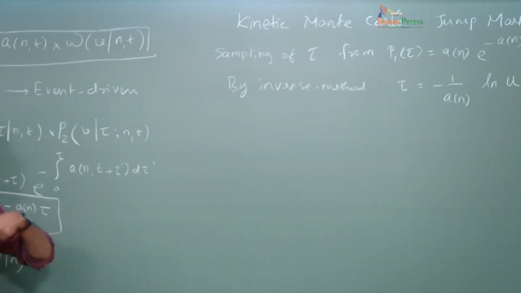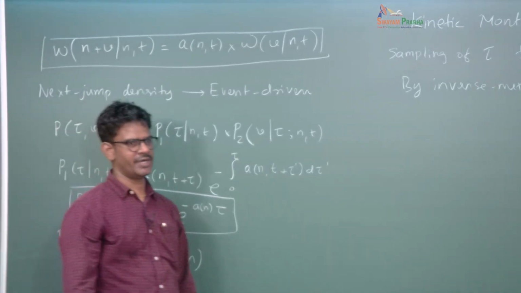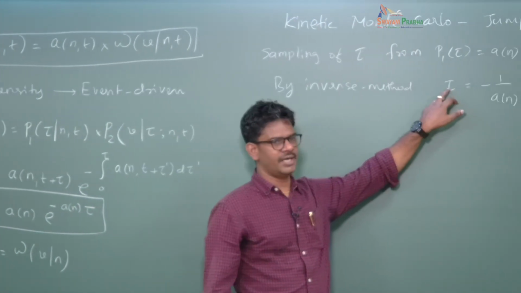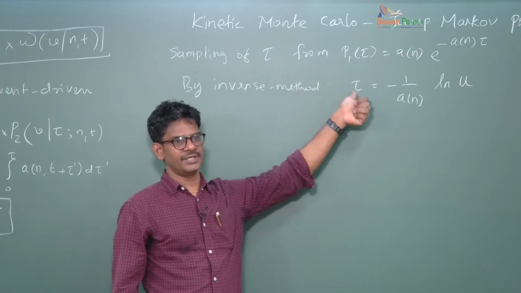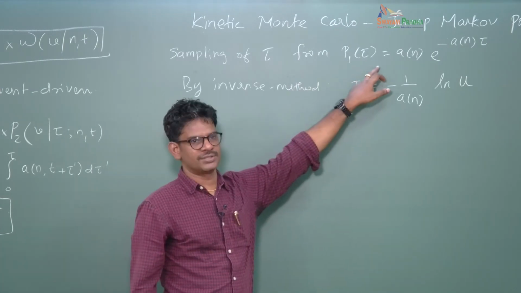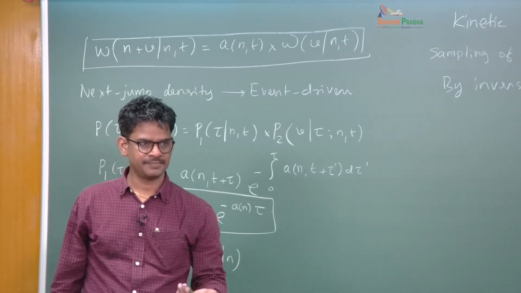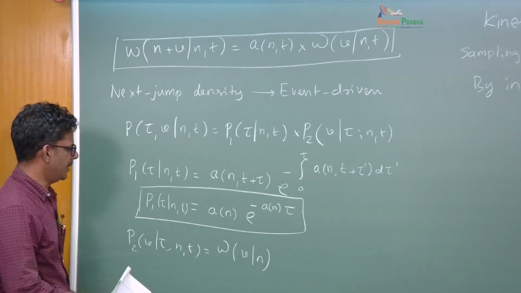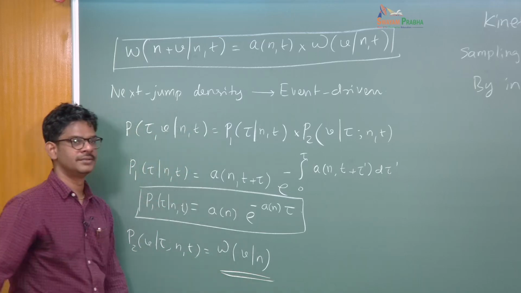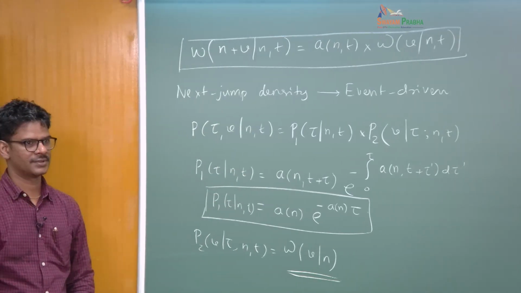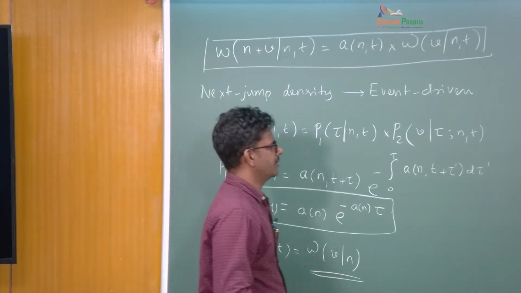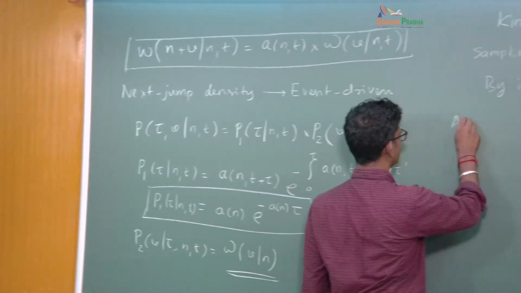So by generating a sequence of uniformly distributed random numbers, we can generate a sequence of exponentially distributed random numbers tau based on this distribution. So now we know how to sample the next jump time, and the second distribution will have to be defined based on the problem in hand.